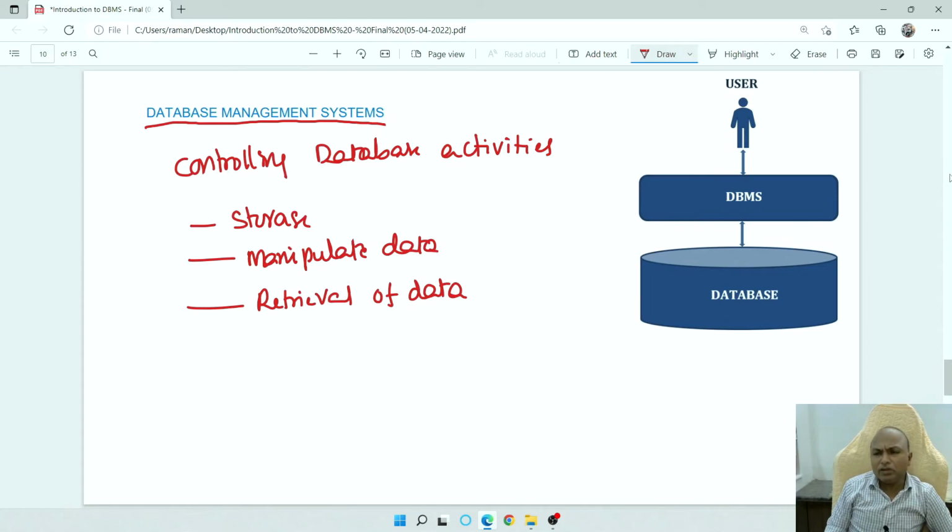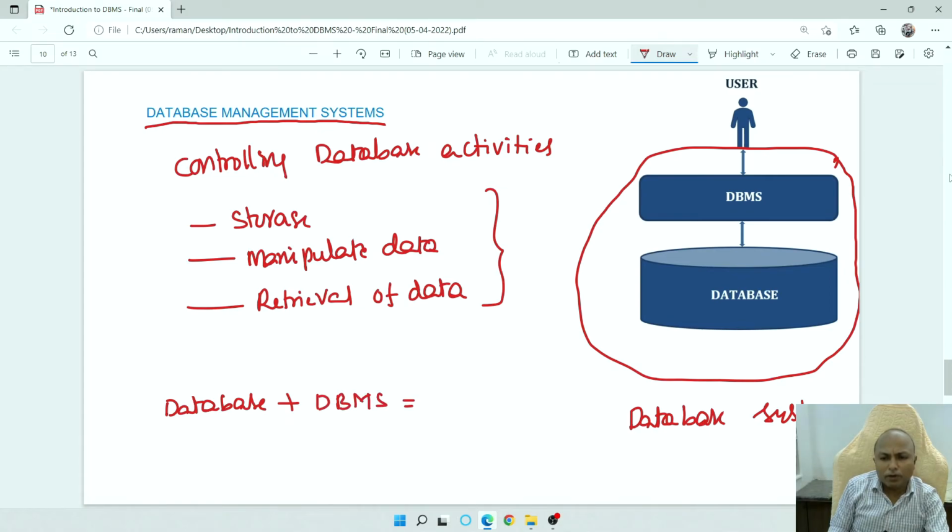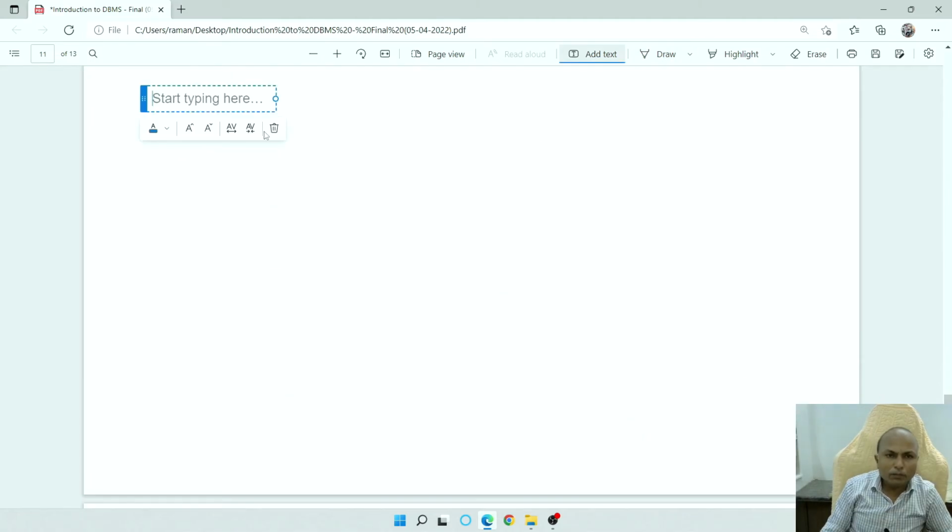These are the activities controlled by the database management system. And this is nothing but a database system. That means database plus DBMS is equal to database system.